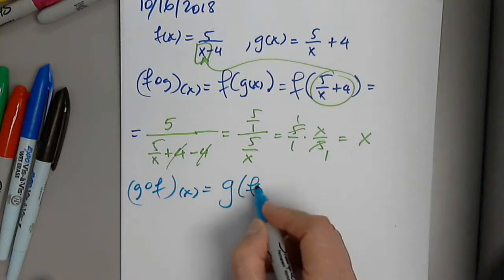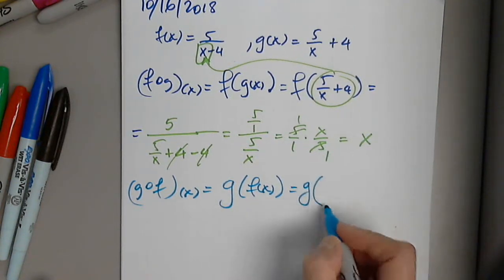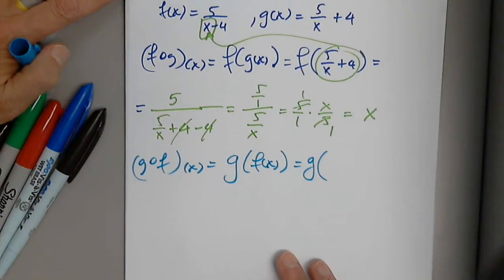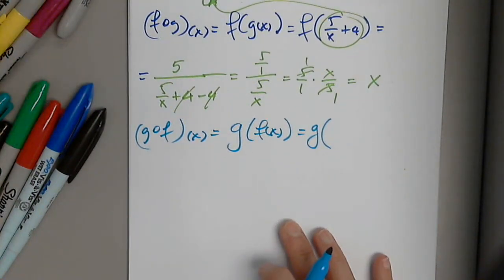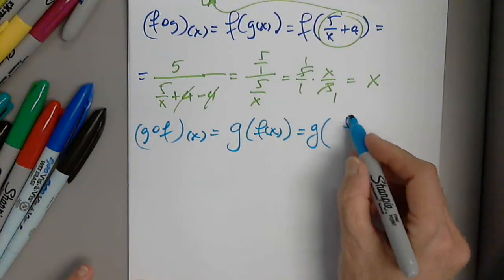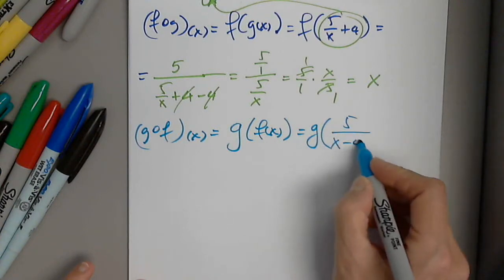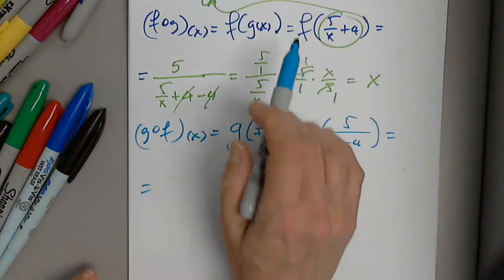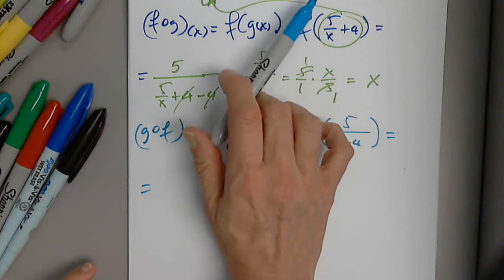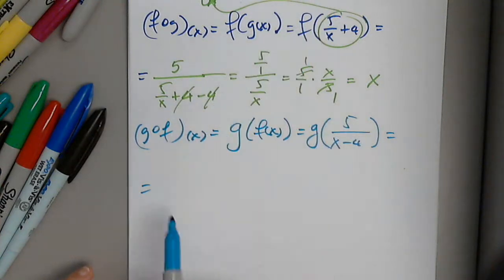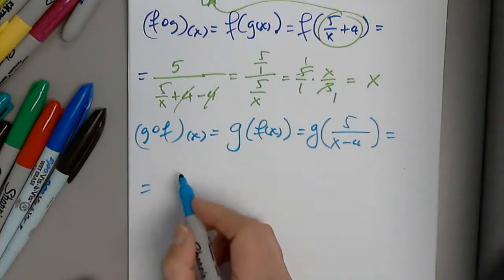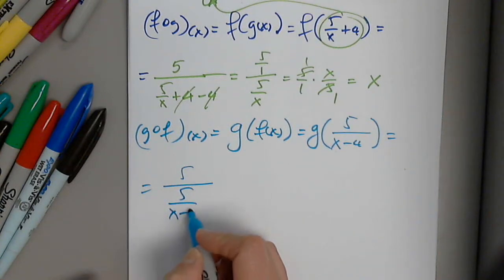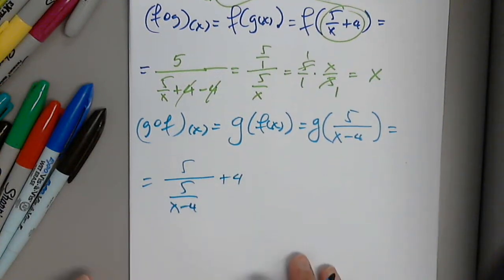This is g of f of x, which is g of, and now what do I put? Very good. Awesome. So now let's look at g. g says 5 over whatever you have plus 4. Very good. And plus 4. Correct.